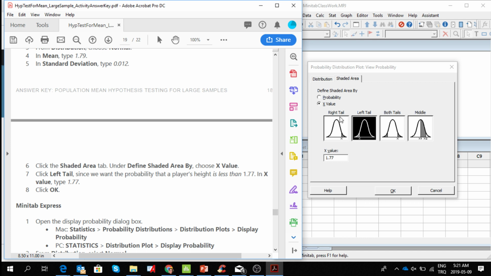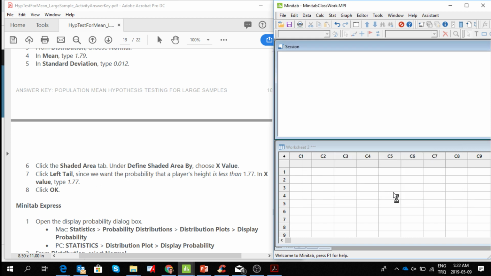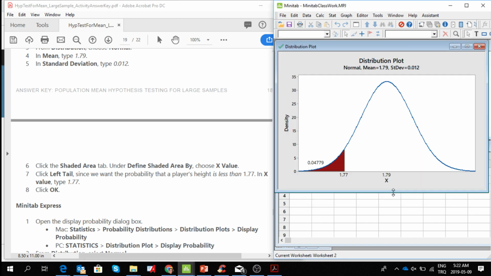So this is right tail, this is left tail, both tails, middle. We are going to choose the left tail, and the X value that we want to find is 1.77.